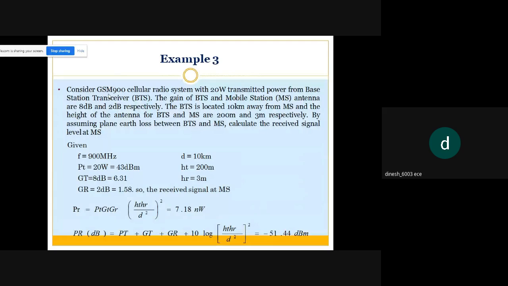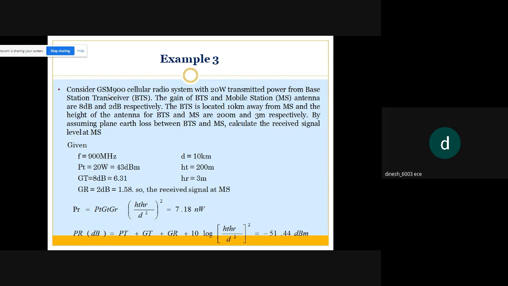Then the gains of the base station and mobile station are 8 dB and 2 dB respectively. Meaning that the base station will have a gain GT of 8 decibels, and the mobile station which we are using has GR, so make a note of that.